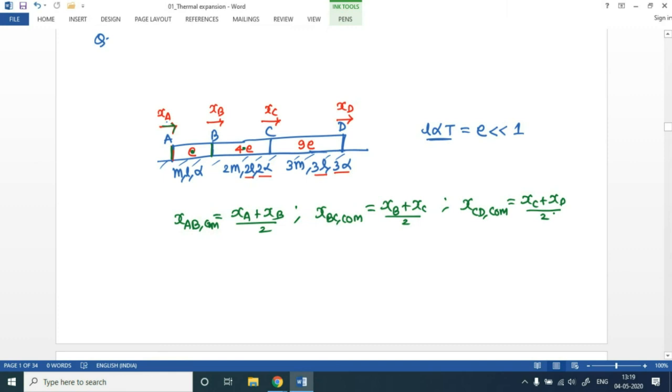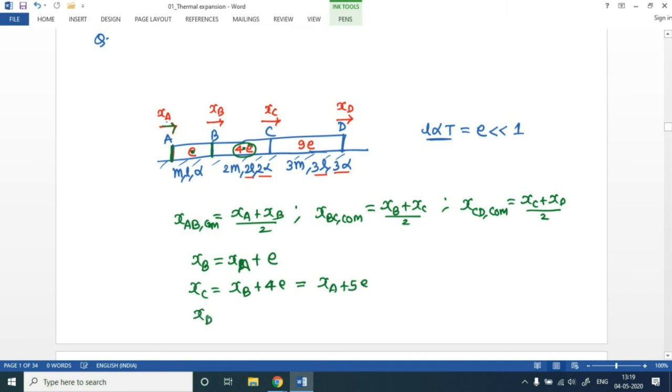Another thing you should realize is, let's say this end is moving by XA. So XB would be nothing but XA, due to the movement of this, and apart from that this is getting elongated by E. So XB is XA plus E, and similarly XC is XB plus 4E, and XB is XA plus E, so that is XA plus 5E.